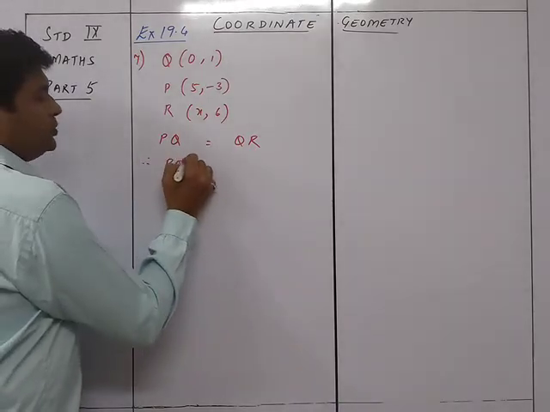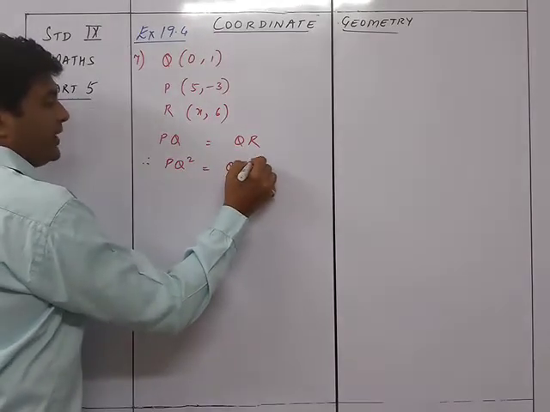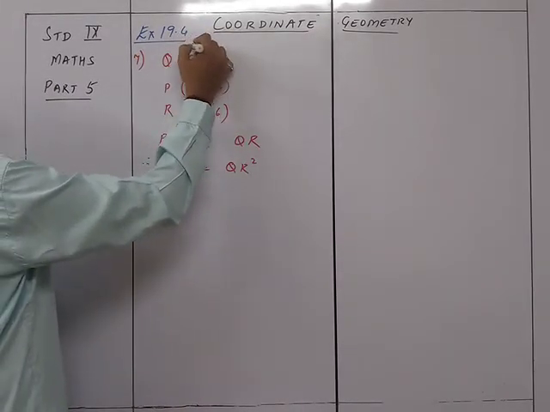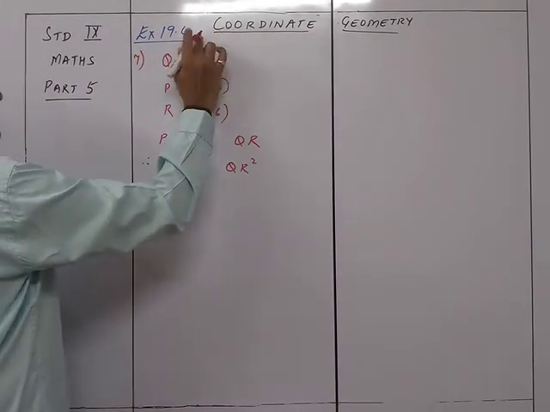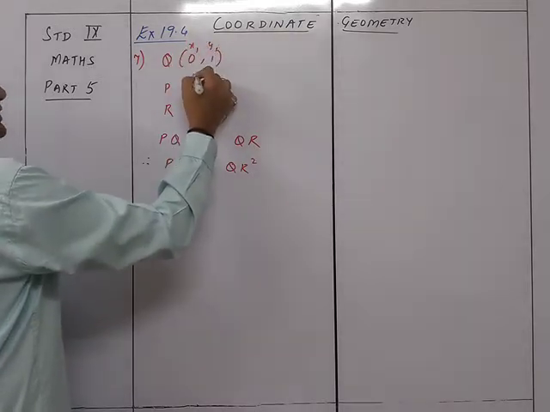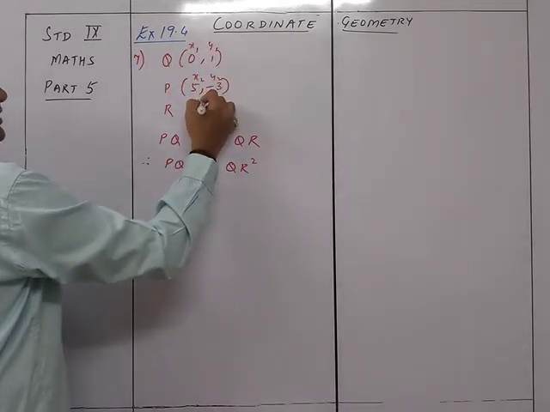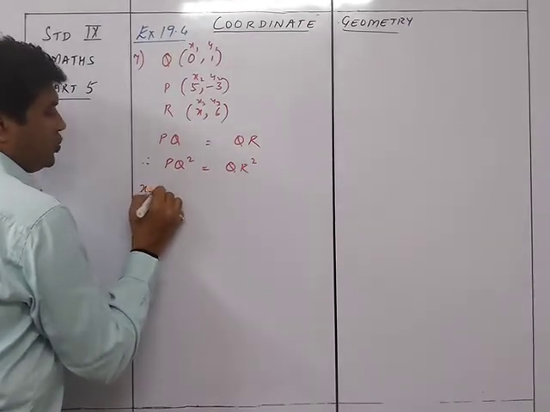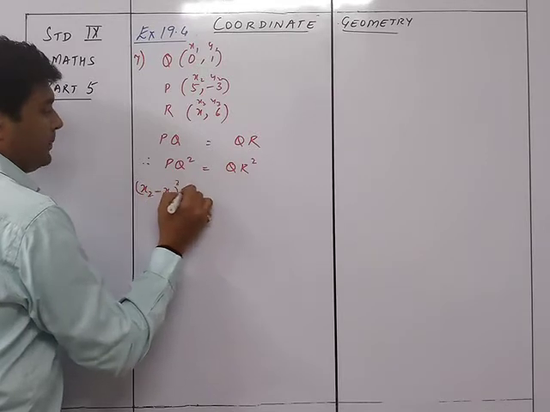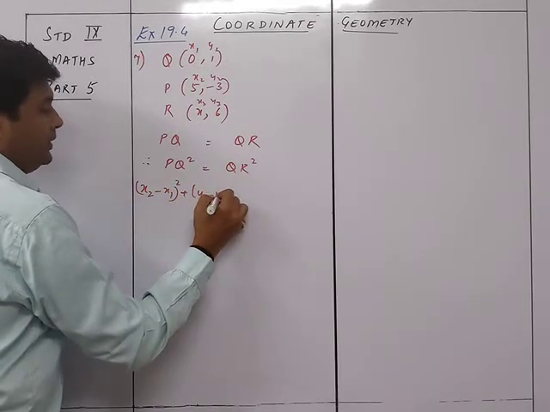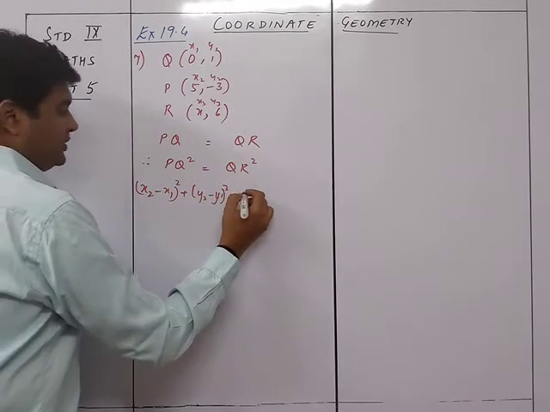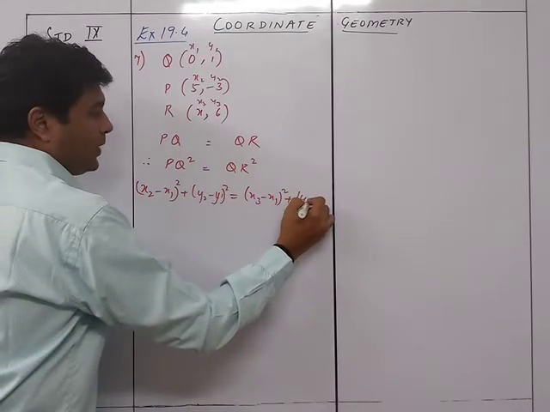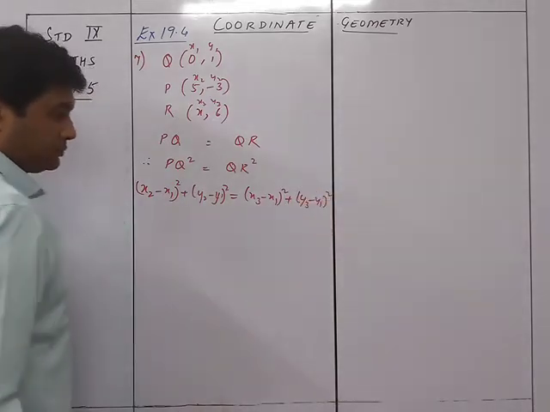Therefore, PQ square is equal to QR square. So this is your x1, y1, this is x2, y2, this is x3, y3. So you get that x2 minus x1 the whole square plus y2 minus y1 the whole square is equal to x3 minus x1 the whole square plus y3 minus y1 the whole square.